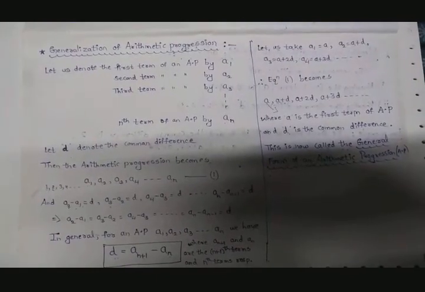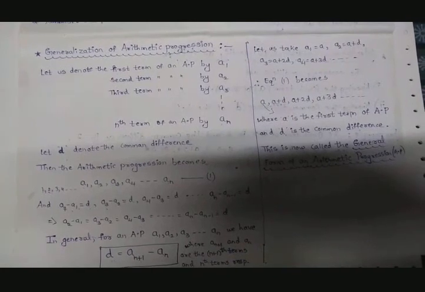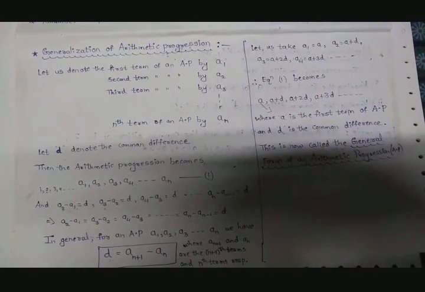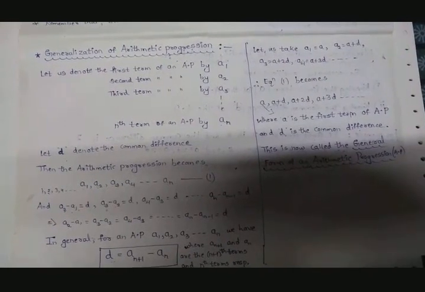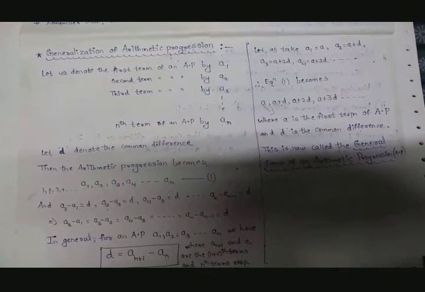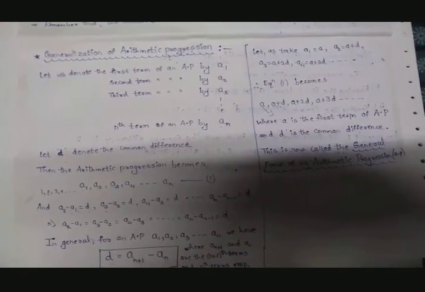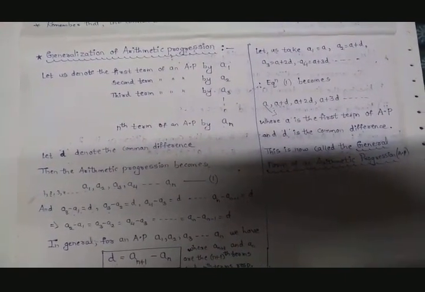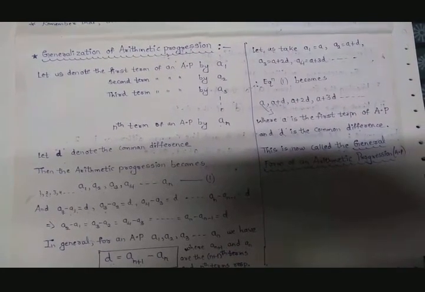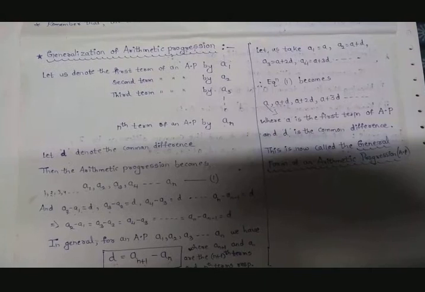And after that we started with the generalization of arithmetic progression. So let us denote the first term of an arithmetic progression by a1, second term by a2, third term by a3, and so on, and the nth term by an. And let d denote the common difference. Then the arithmetic progression is given by a1, a2, a3, and so on up to an.